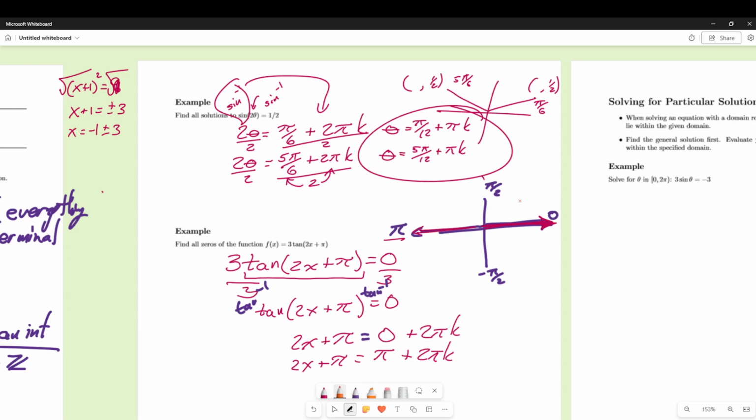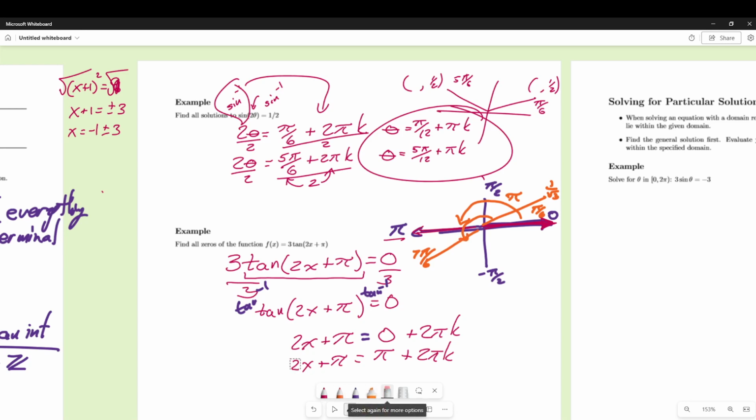And the reason for that is, notice these two solutions are exactly pi radians apart. And that would have happened no matter what. If we were supposed to get 1 over the square root of 3, then you'd have that solution up there, and you'd have a solution up here at pi over 6, and you'd have a solution down here at 7 pi over 6, because tangent is positive in those two quadrants, and they'd be exactly pi apart.